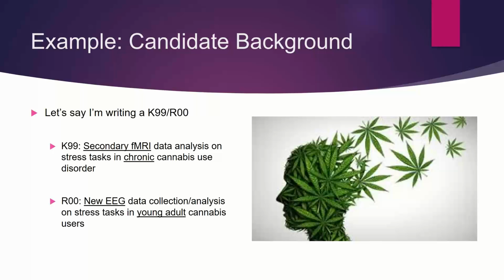For my R00, I want to do new EEG data collection and analysis on stress tests in young adult cannabis users. So for K99, I'm focusing on a project with one neuroimaging method in chronic users. Then for R00, let's say I want to branch out into young adult users and I want to use a different neuroimaging methodology.